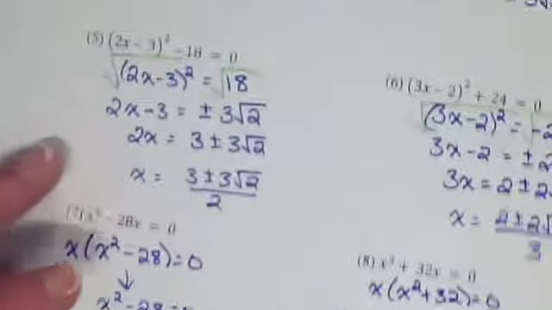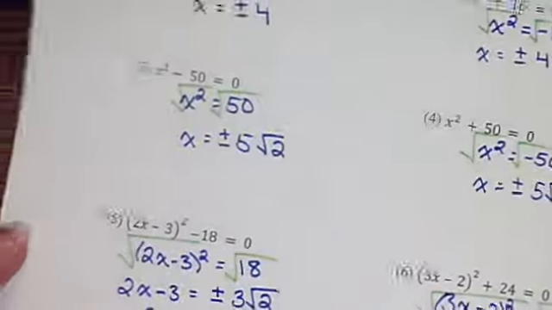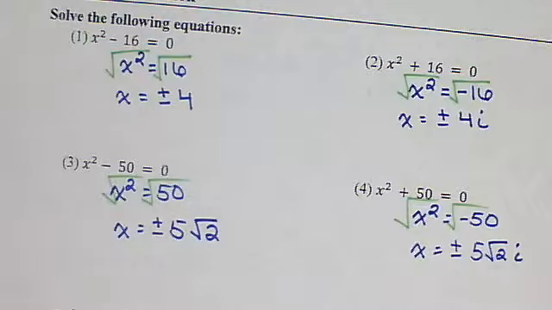Now, I want you to think back through on what we actually have here. On number 1, we have 2 solutions, and they're both real numbers. So if we looked at the graph, we actually would have 2 x-intercepts as well.